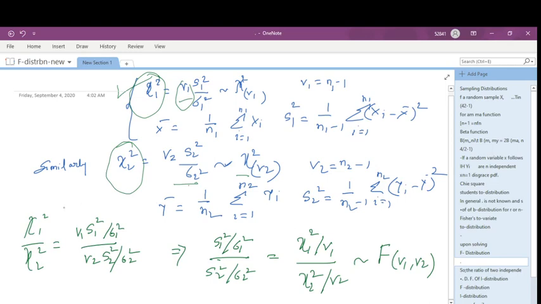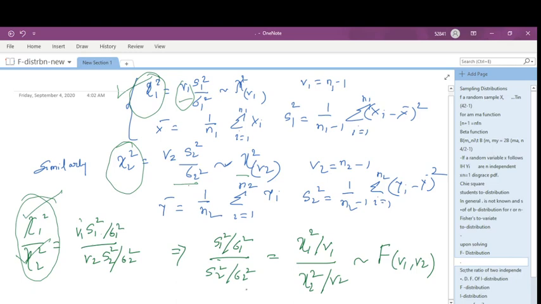The idea is to arrive at the ratio chi1 square divided by chi2 square, which is mu1 S1 square divided by sigma 1 square, whole divided by mu2 S2 square divided by sigma 2 square. So ultimately we arrive at this one.